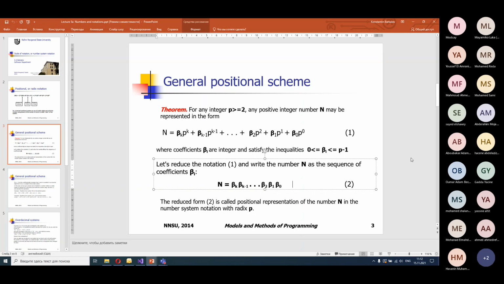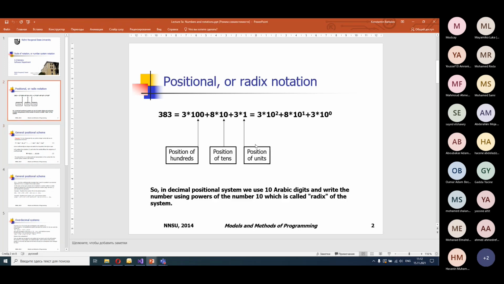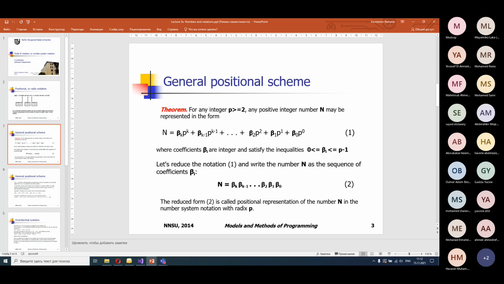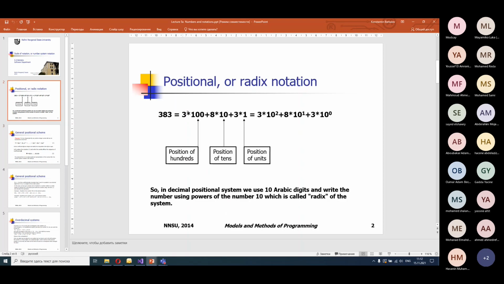If you compare this theoretical statement with this slide, you see the strong correspondence: in the decimal system of notation we use 10 as p, and we use digits beta from 0 to 9 to write this number.